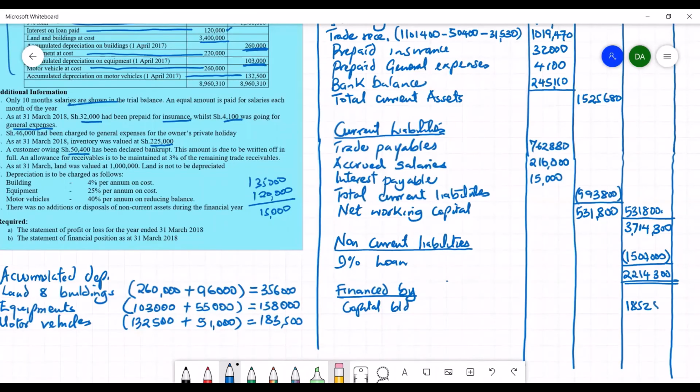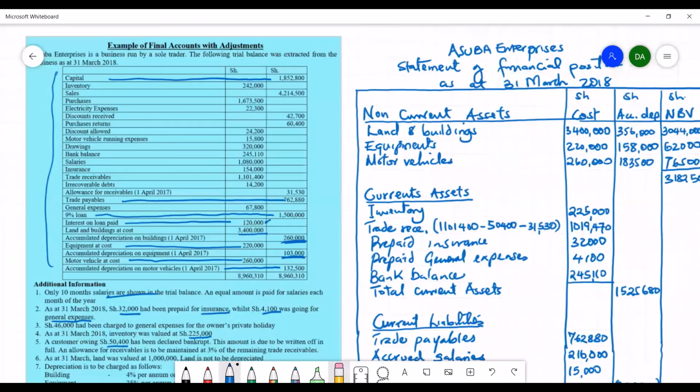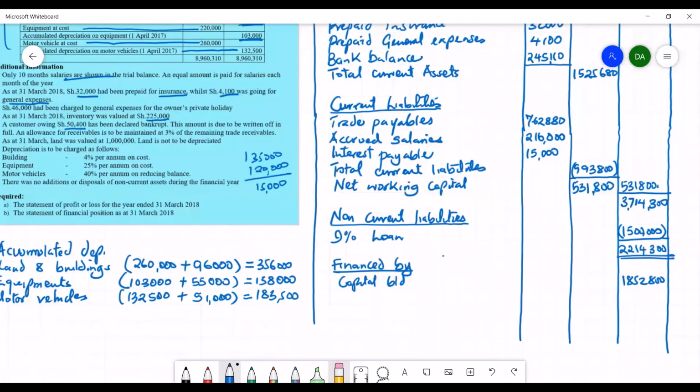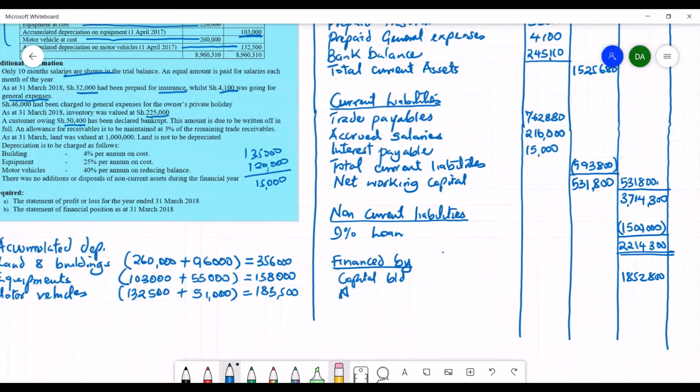To that we add net profit. And the net profit is equal to 727,500.